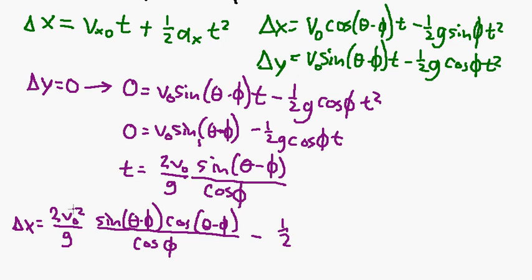So I'm not even going to do this all symbolically. The point is, you can find your t here, and then you plug it into this equation, and you can find what delta x is.